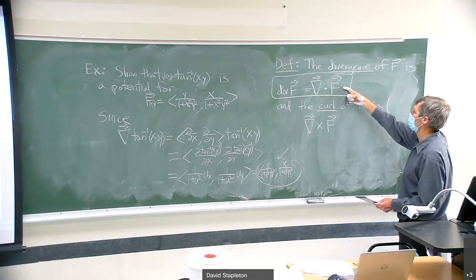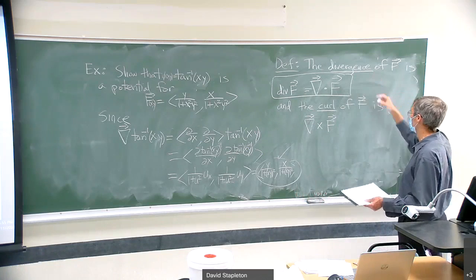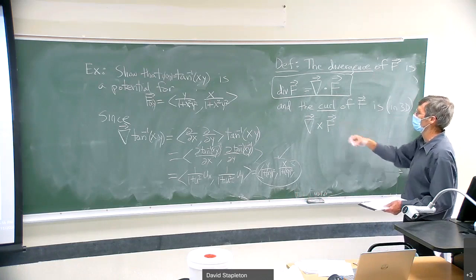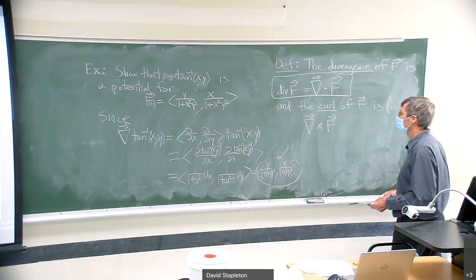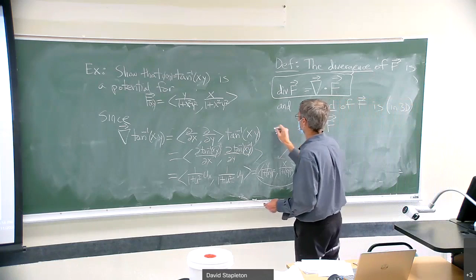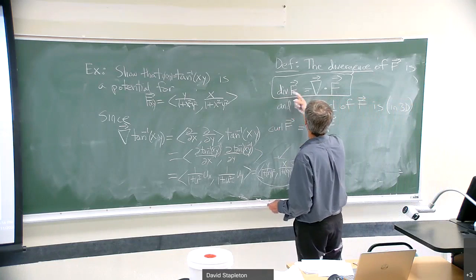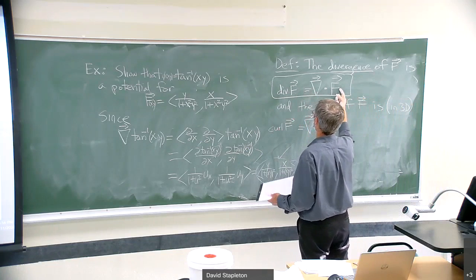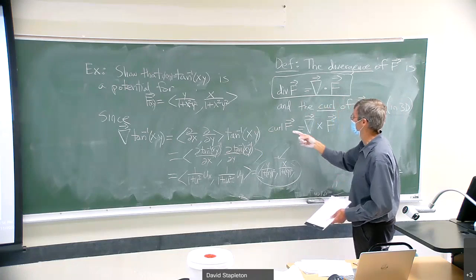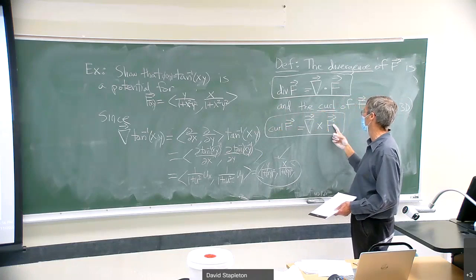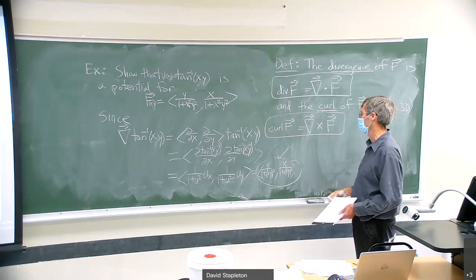The dot product applies in any number of dimensions, 1, 2, 3, 4, 5, forever. This one only applies in 3D because the cross product is only defined in 3D. But we'll also give it this notation, curl f. So divergence of f is a function, we call it a scalar function sometimes, but the curl is a vector valued function. So you take a curl of a vector valued function, you get a vector valued function.